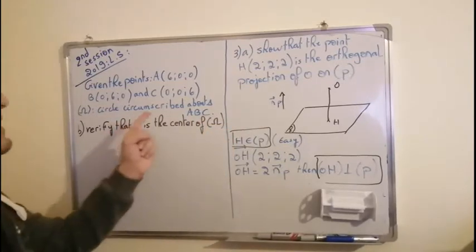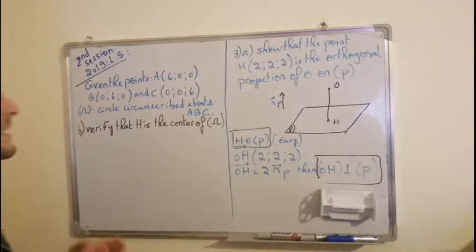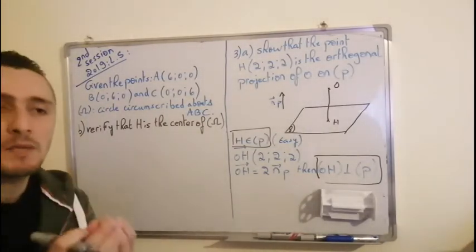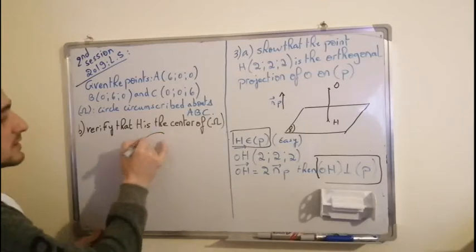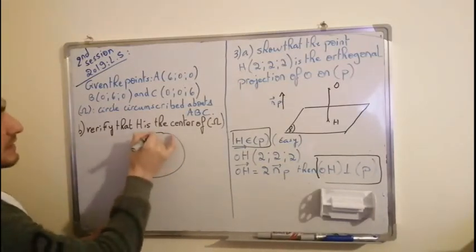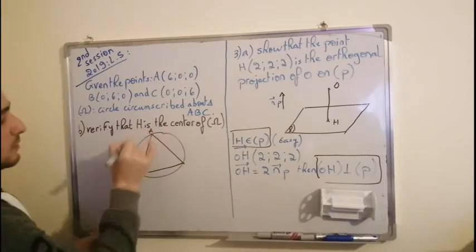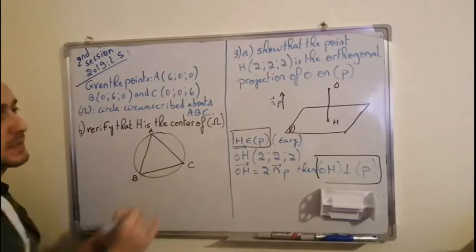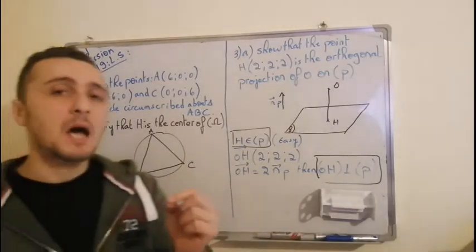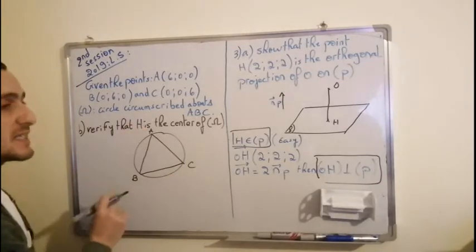Gamma is the circle circumscribed about triangle ABC. Okay? What's the meaning of circle circumscribed about triangle ABC? This is a circle, and this is the triangle ABC. Circle circumscribed about triangle ABC, I mean the three vertices.